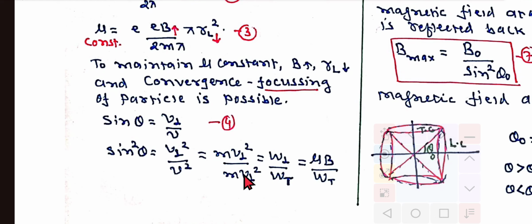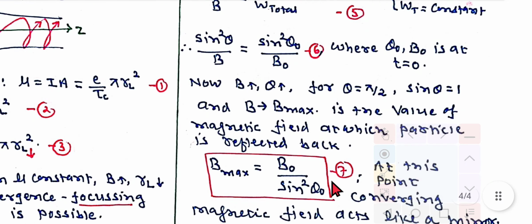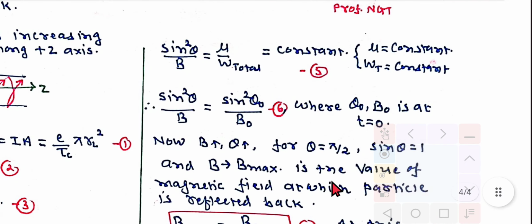The perpendicular kinetic energy W perpendicular can be represented by mu times B, divided by W total, the total kinetic energy.